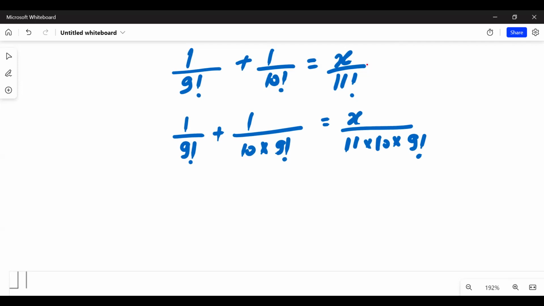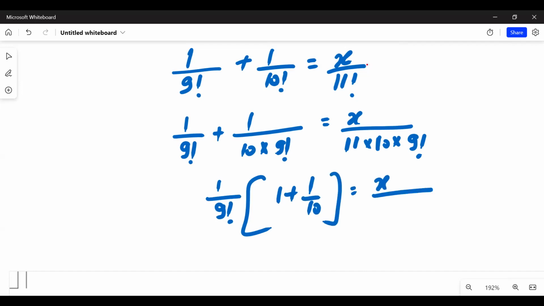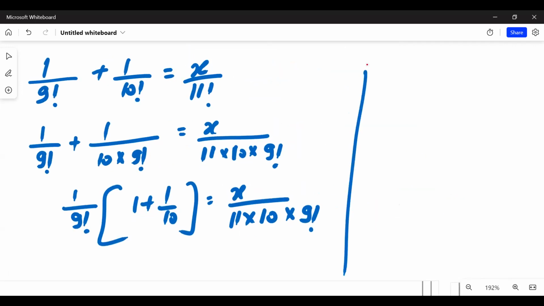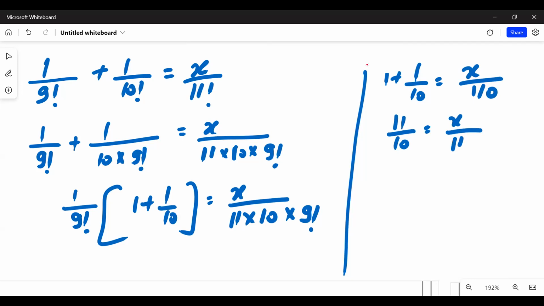I hope nobody has any doubt. If I take 9 factorial common, this would be 1 plus 1 by 10 is equal to x by 11 into 10 into 9 factorial. So 9 factorial, 9 factorial I can cancel. So 1 plus 1 by 10 is x by 110. If I take LCM, 11 by 10 is x by 110. 10, 10 cancel. 11 is equal to x by 11. So x is equal to 121.